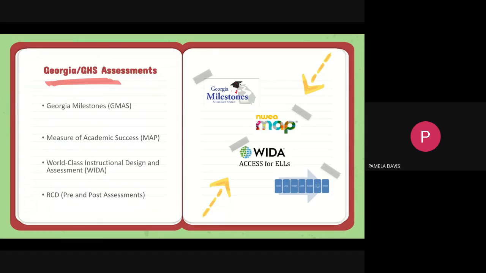We do have some support classes. One of the examples, we have algebra support that we can put the students in from the measurements of the universal screener. We also have what we call our MTSS, that's that multi-tiered support.